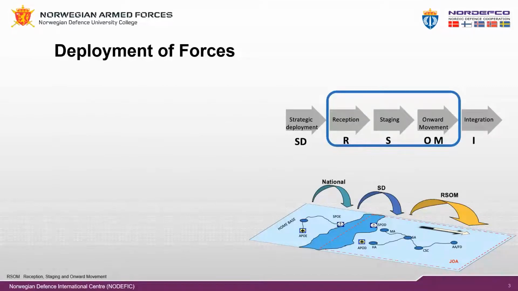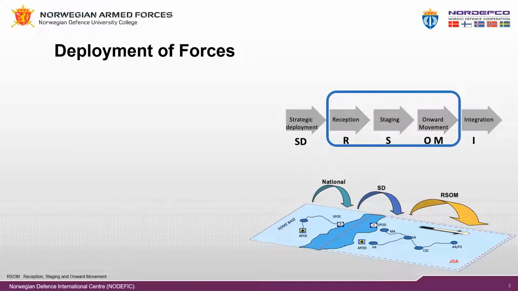We have in earlier presentations briefly introduced the reception, staging and onward movement process used during deployment. National movement or homeland movement is the responsibility of the respective nations and conducted under national control.